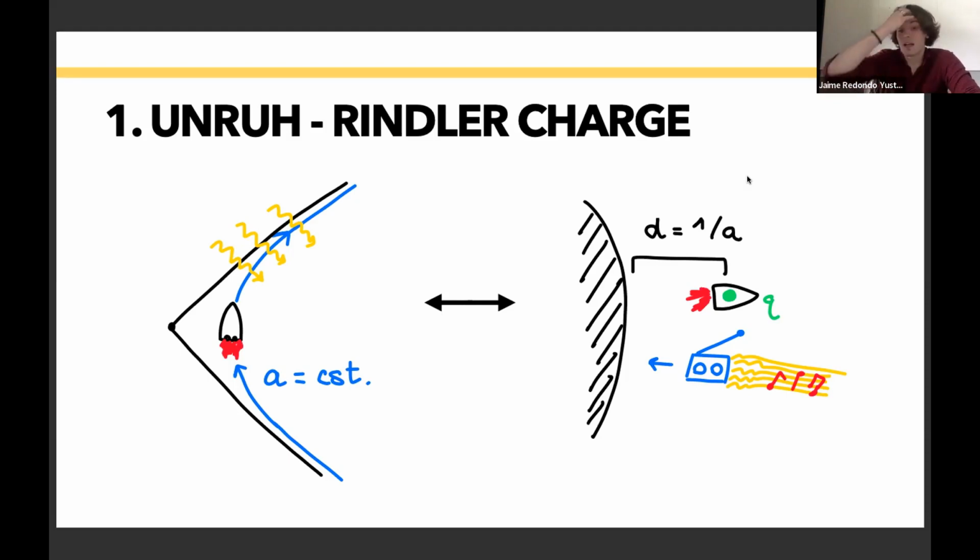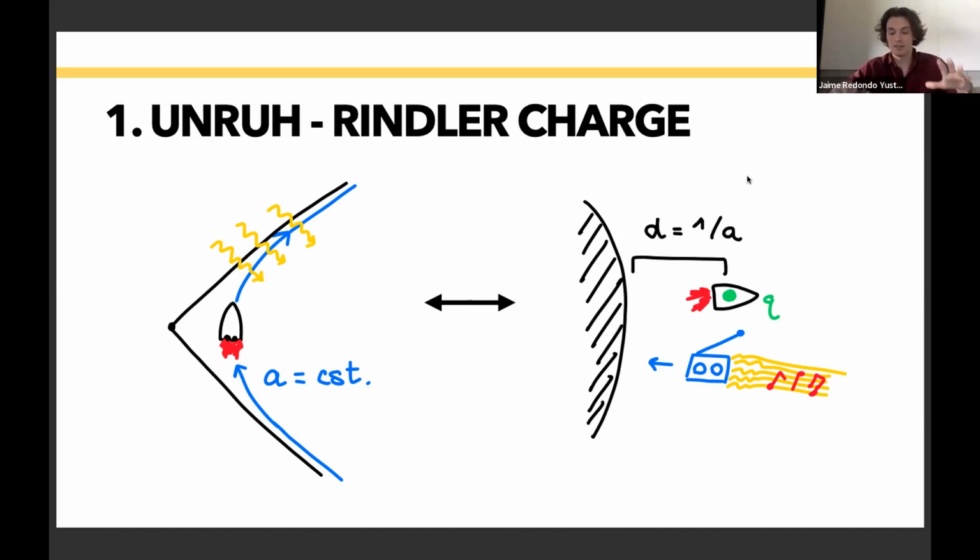So one possible analogy would be to consider a charge that is fixed at some distance from this gravitational source and an observer, this radio in this case, that is in free fall. Therefore, in analogy to the Unruh case, this radio here would detect radiation.